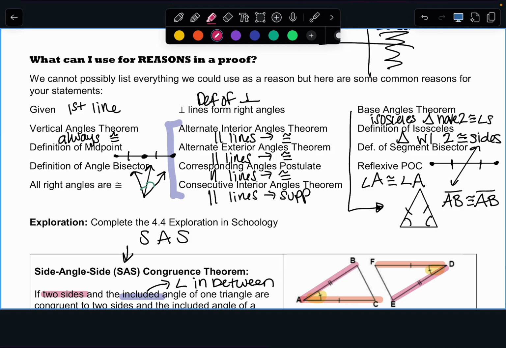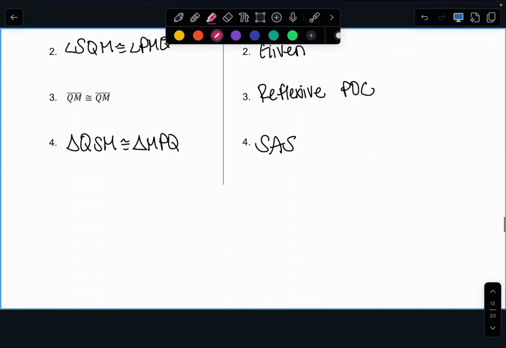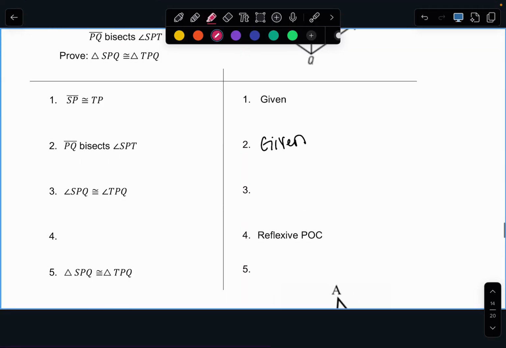Yeah, definition of angle bisector. If we look at the little picture that we drew, 2 congruent angles. So by the definition of angle bisector, we know that those 2 angles are congruent. And we also know that because we use this word bisect from the line above. Okay?